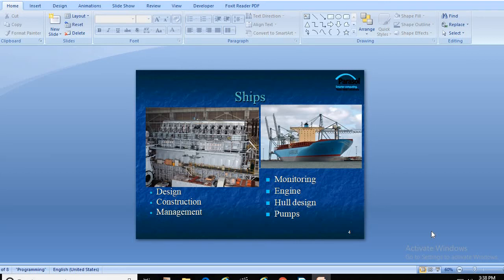For example, the ships. These ships have different stages of design, construction, management, monitoring, engine, hull design, pumps, and many other parts or components, and every parameter is in fact simulated through computers.